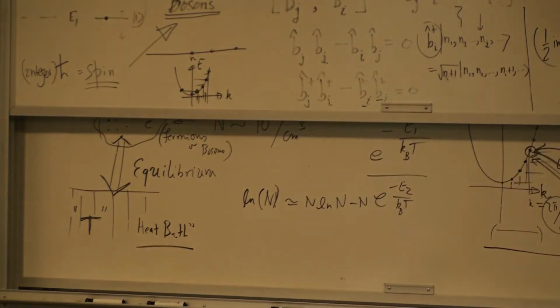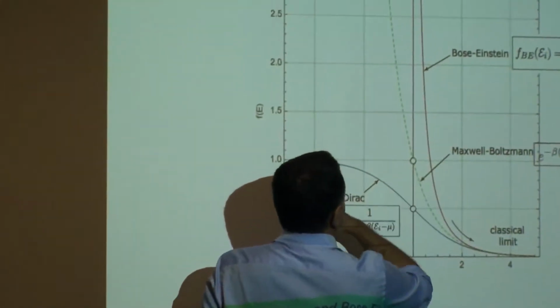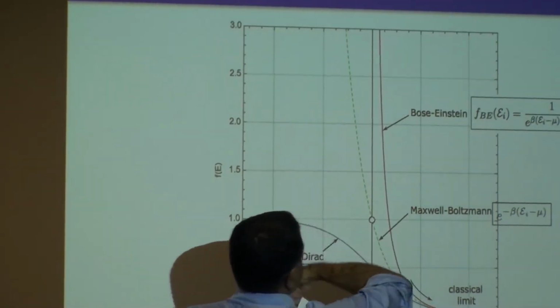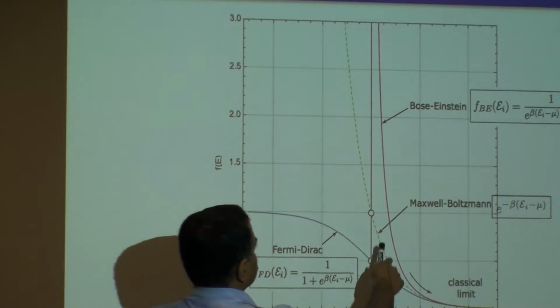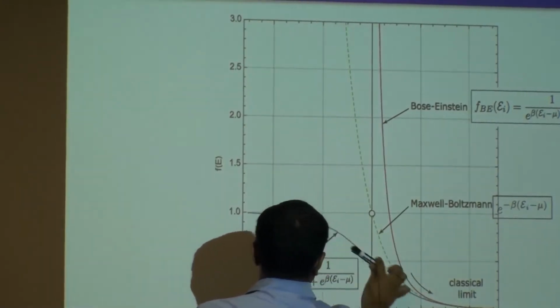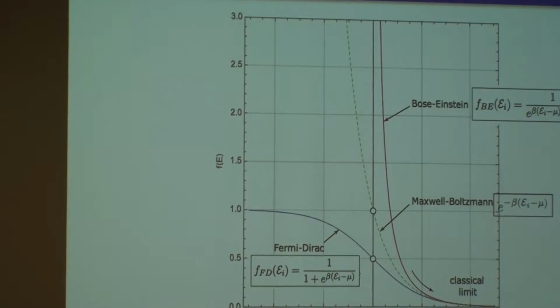But what I physically wanted to say was this. You can see that near the chemical potential and below it, you see this very vast difference between the two types of particles. If it's bosons, it would do that, versus fermions would go to 1. And in terms of this particle number picture, let me erase this.